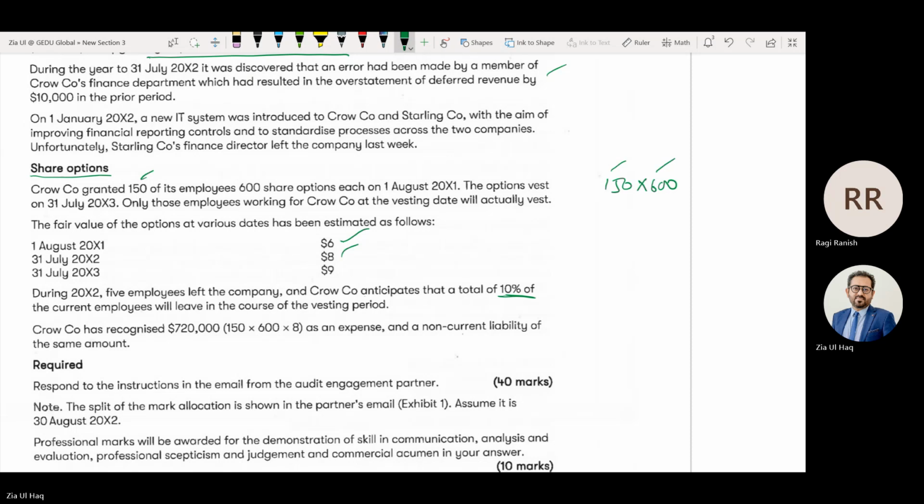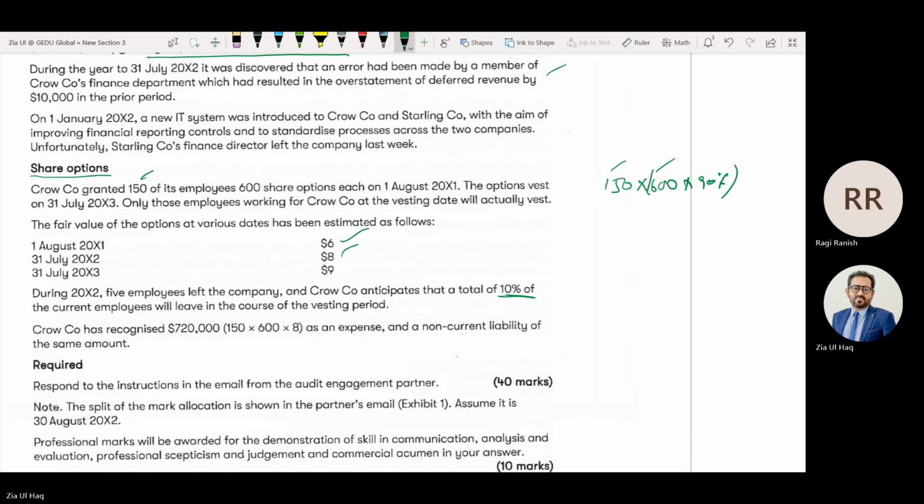First, the value of the share must be 6 rather than 8, at grant date. And second, what haven't they incorporated? Staff turnover. This means 150 multiplied by 600 multiplied by 90%, because 90% of options will vest rather than the complete 100%.